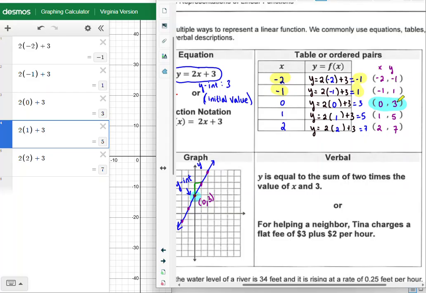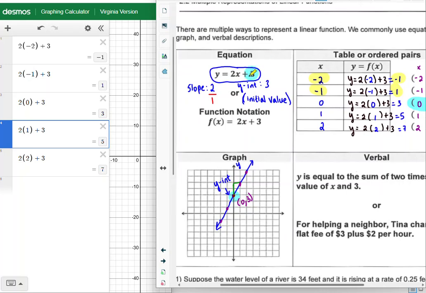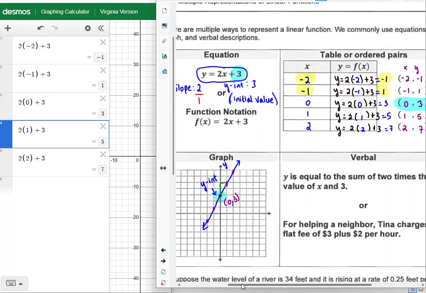So you can easily figure out that 3 is the y-intercept because you see a 0 here. In this case, you can see 3 is the y-intercept because that's the value for b that I have here. And then when you look at a graph, you can see this is the y-intercept because I see it crossing the y-axis.